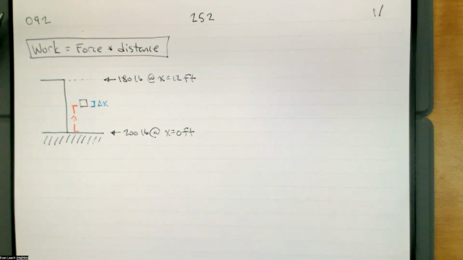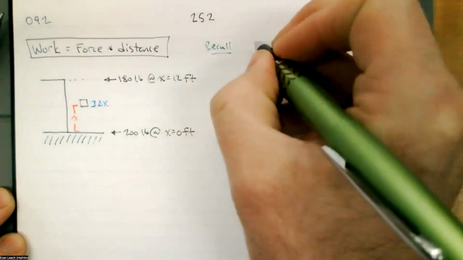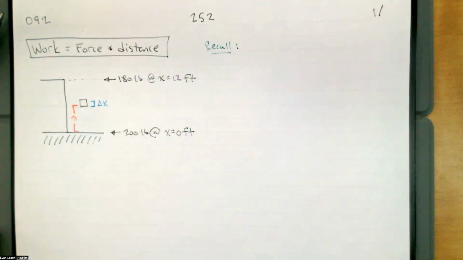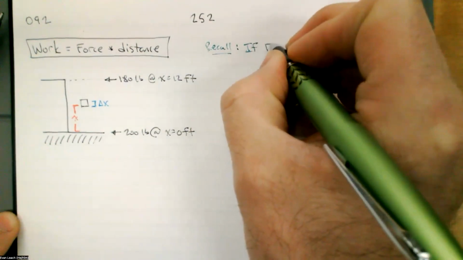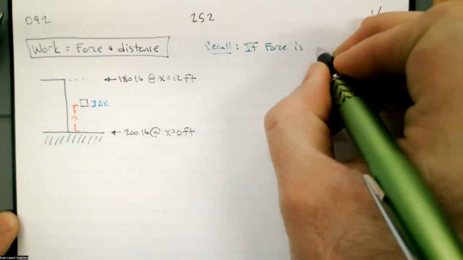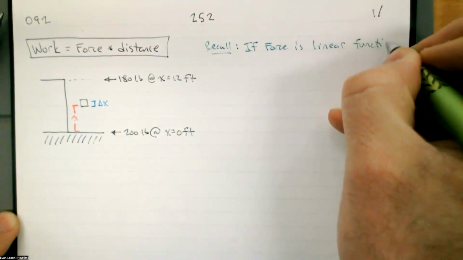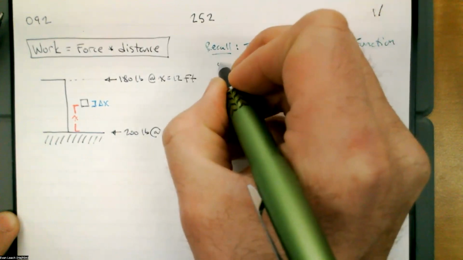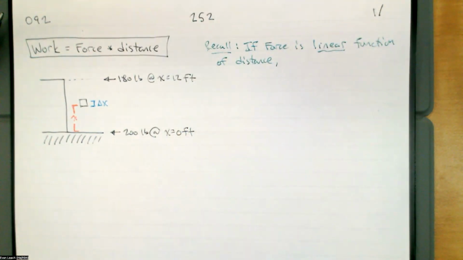So recall, if the force changes in a linear fashion, if the force is a linear function of the distance, then we can just average the 180 and the 200.